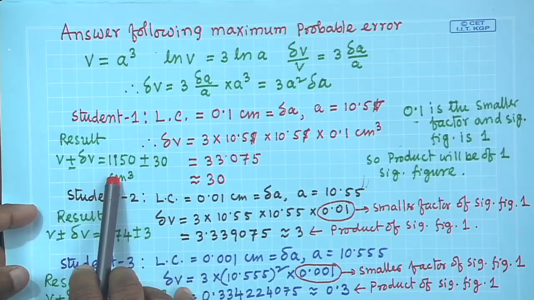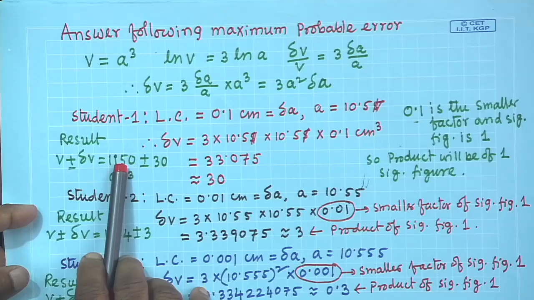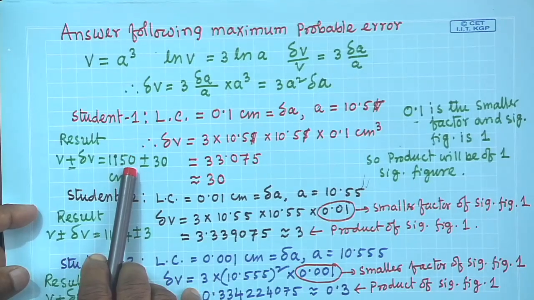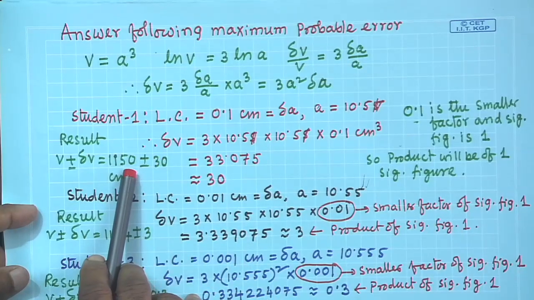Also, we are able to tell correctly in which digit the error is, and after calculation we are seeing exactly that is true.